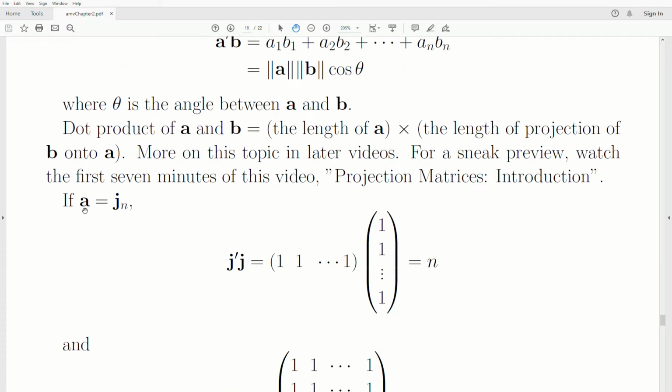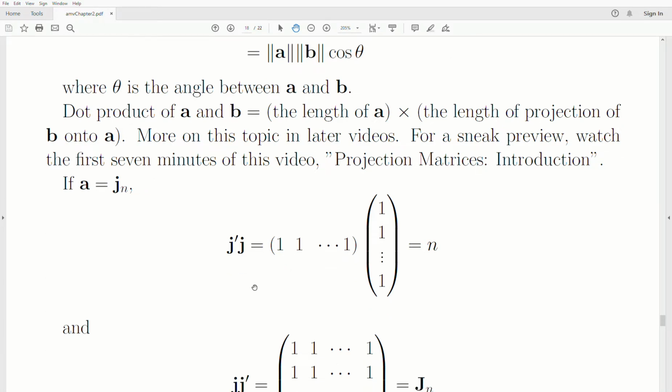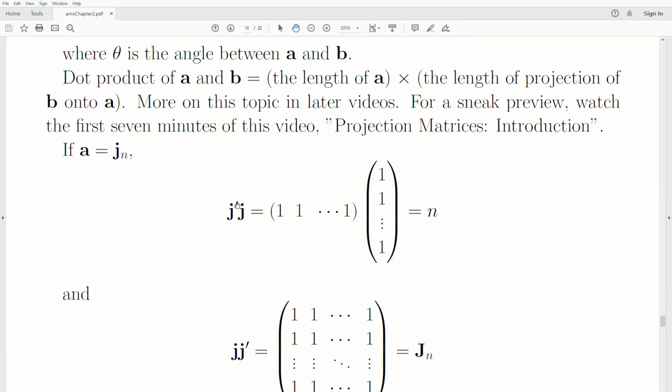Now, if we let our vector be little j, remember little j is a vector of all ones, and little j and capital J are so important in linear models and this multivariate analysis class. We're going to look at some of the properties. So j prime j, this vector product, or you can think of it as a dot product, is just n. It's the number of components: 1 times 1 plus 1 times 1 plus 1 times 1, all the way to n times.